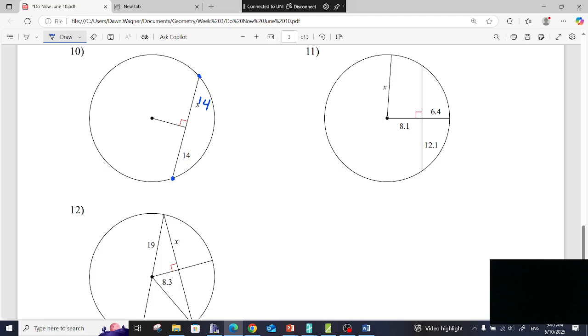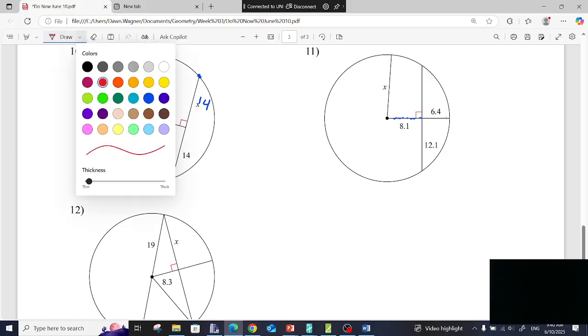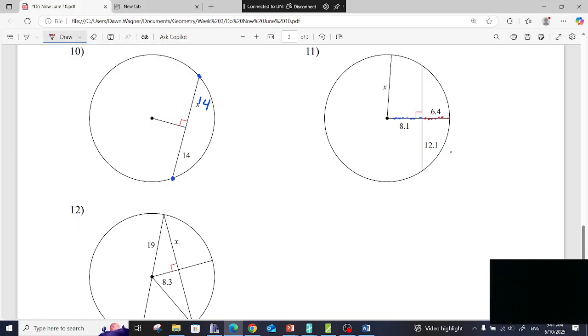Now, they want this radius. I know from here to here is 8.1, right? And then the other, from here to here, is 6.4. Isn't this a full radius when I add those together? And wouldn't it equal then the other radius because all radii are equal?